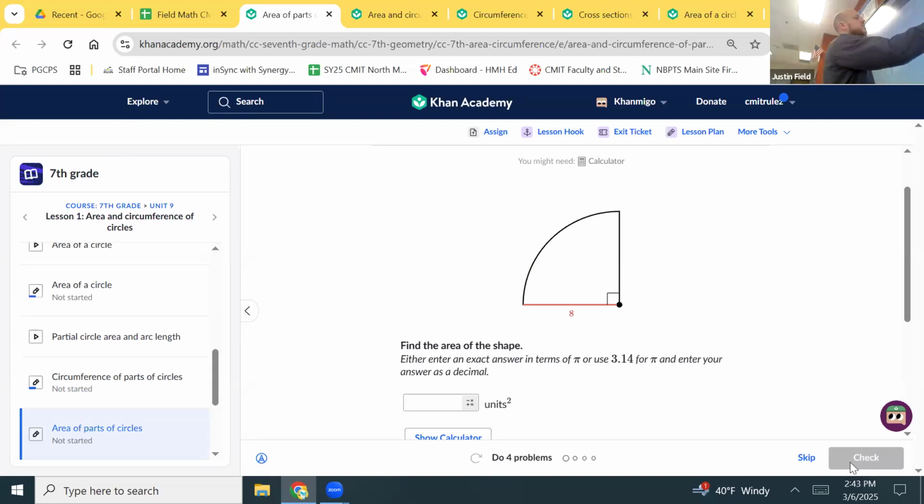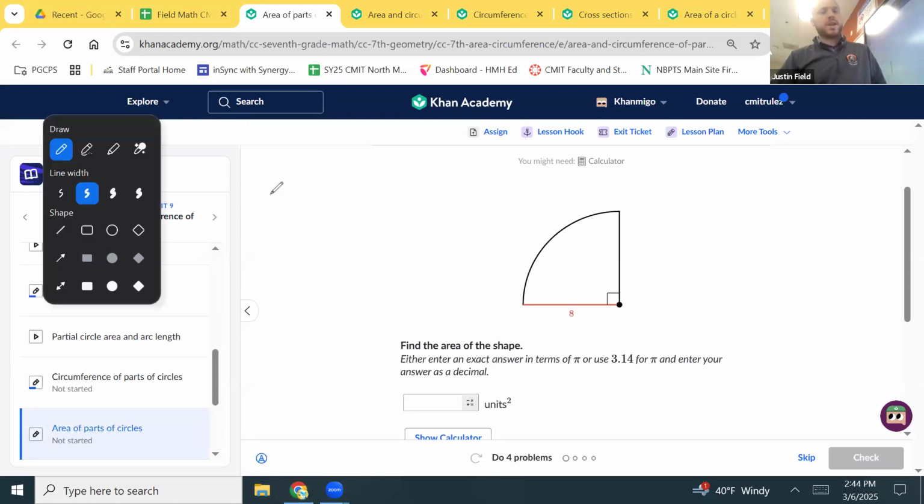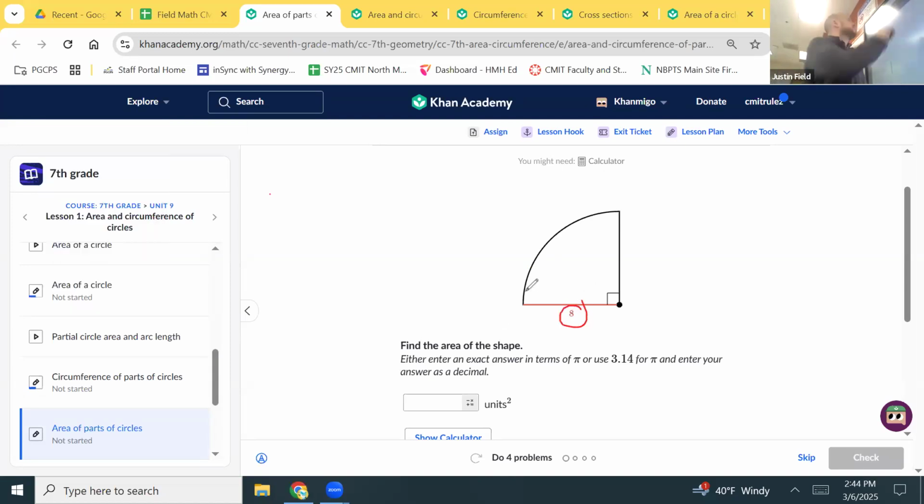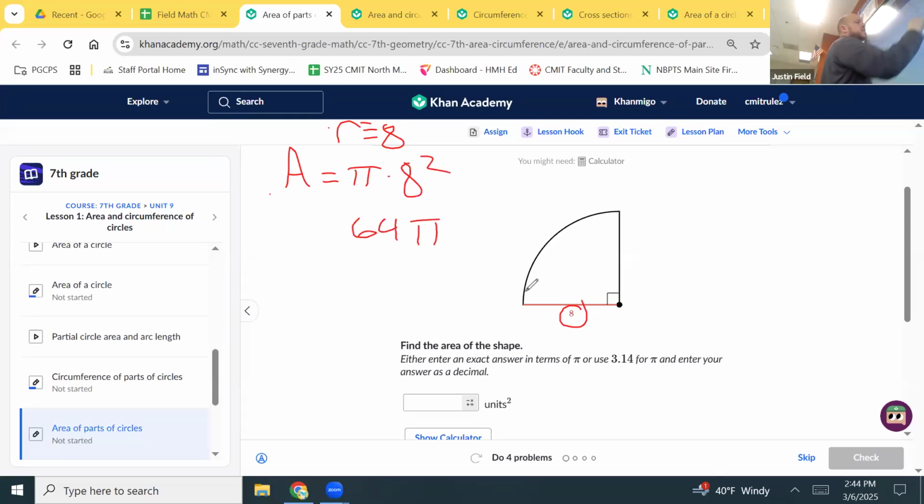All right. So this circle has an area of 64 pi, right? Because I can see that radius right there being 8. R equals 8. That means A equals pi times 8 squared, which is 64 pi. And this right here is a fourth of the circle, right?